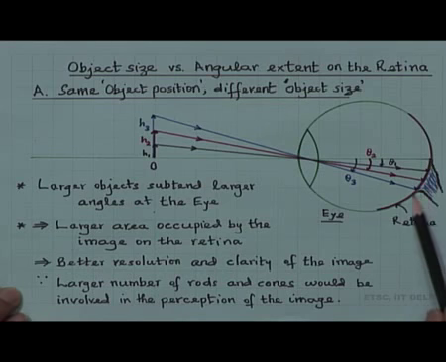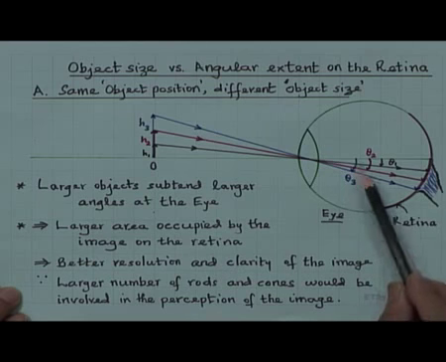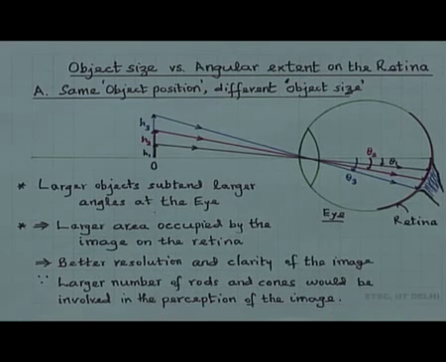Now, the angular extent here determines the area occupied on the retina, and therefore, the number of rods and cones involved in sensing this image. So, larger area occupied by the image on the retina, better resolution and clarity of the image, because a larger number of rods and cones would be involved in the perception of the image.